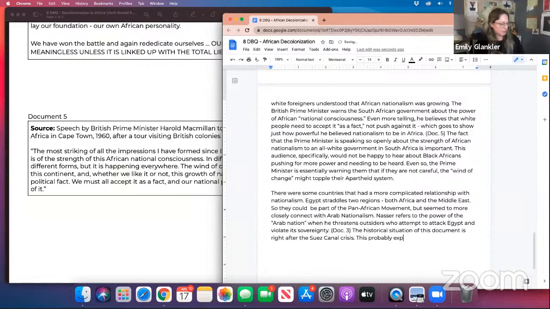This probably explains why Nasser uses such aggressive language, because they had just been invaded by Israel, backed by England and France. So I'm going to throw one more in and hope that maybe that's all 3.